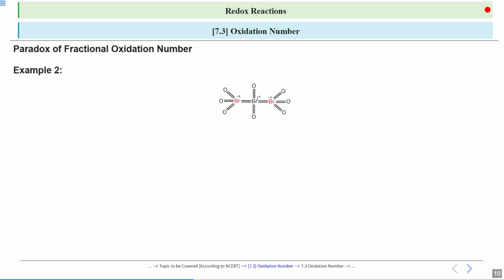In tribromo octa oxide, you will find that the bromine atoms marked as red, which are bonded to 3 oxygen atoms, have an oxidation state of +6, while the central one, which is bonded with 2 oxygen atoms and 2 bromine atoms with double bond, has an oxidation state of +4.